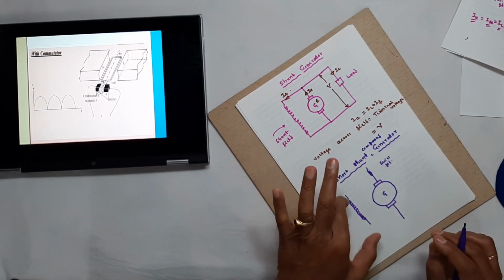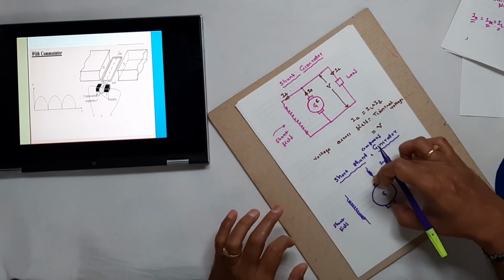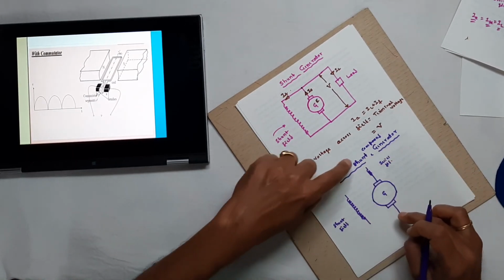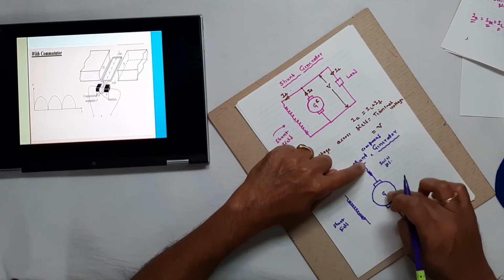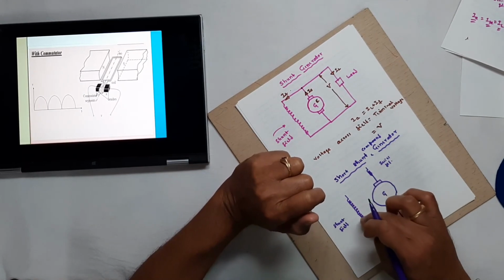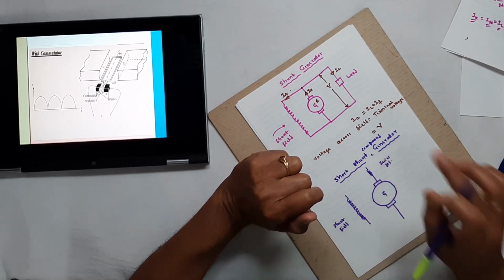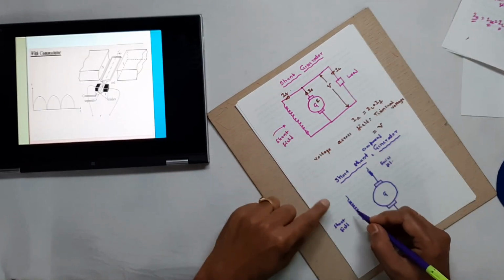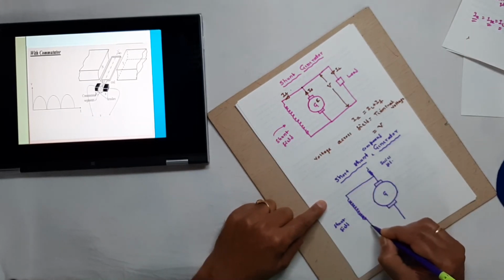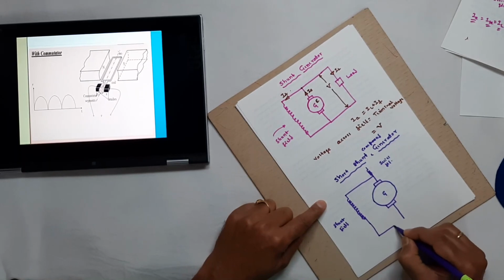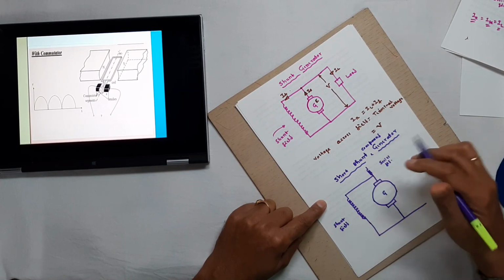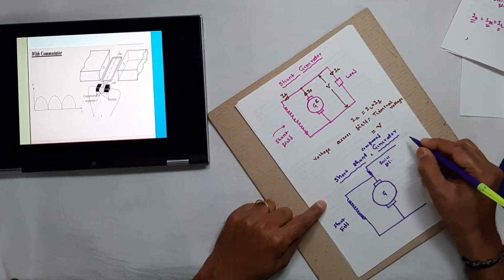Short shunt means this field winding is connected across the armature, whereas in the other case this field winding is connected across the combination of the armature as well as the series field. Based on the connection of this field, it is called a short shunt or a long shunt. If you connect this shunt field winding across the armature only, then your load is connected here.